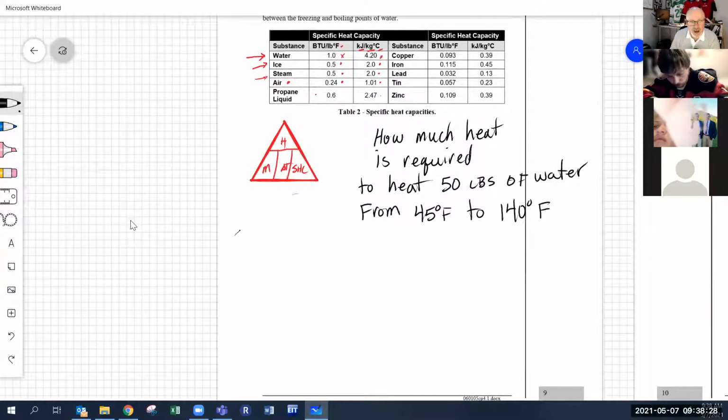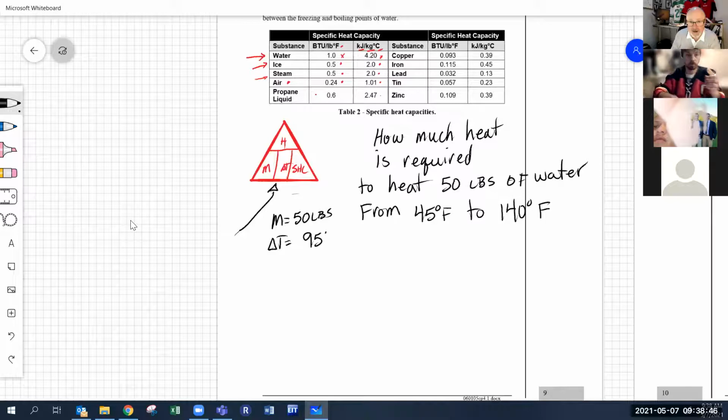So using our formula triangle, we take our mass, and the mass is equal to 50 pounds. We need our delta T. Our delta T is 45 to 140, so our delta T is 95 degrees Fahrenheit.